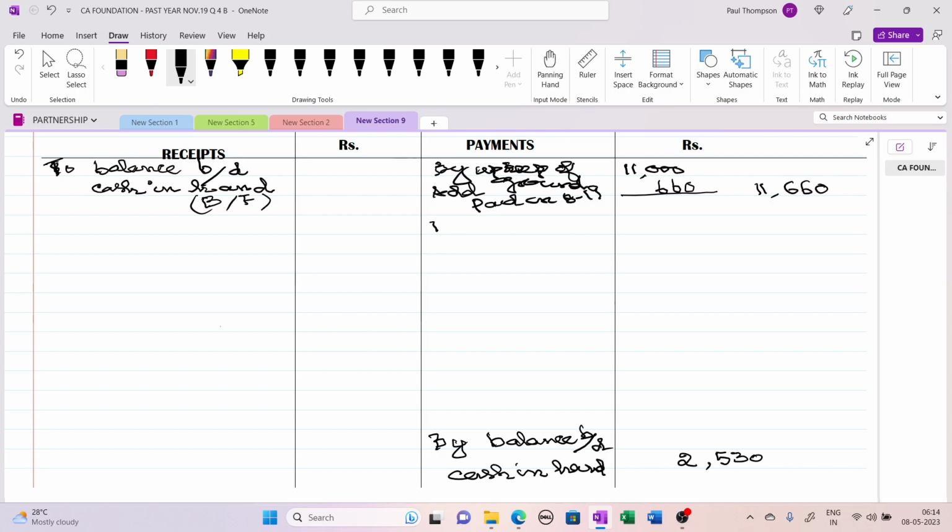Next item comes printing and stationery. They have given an amount of 1,100.